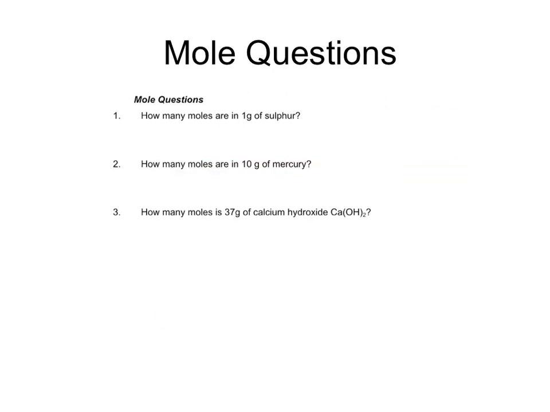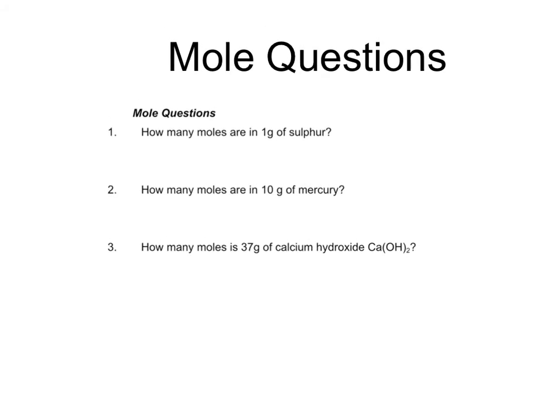Now if we go on to page 135 and look at 3 more examples. How many moles are in 1 gram of sulfur? Remember, the number of moles is the mass divided by the AR or the MR. So therefore it's 1 divided by 32, because the AR of sulfur is the top number, which is 32.